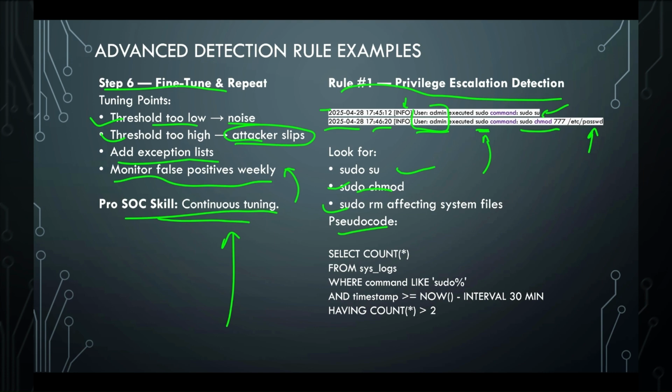The example pseudocode will be: select count from syslog, where the command is like sudo and the timestamp is from now to the next 30 minutes, and the count having is more than 2. So this rule will trigger an alert if a user executed more than 2 sudo commands involving system critical files in 30 minutes. If you have any questions, just drop your comment in the comment box.